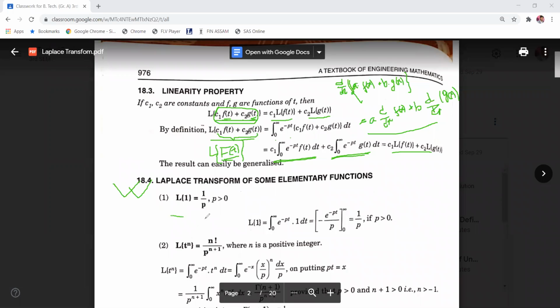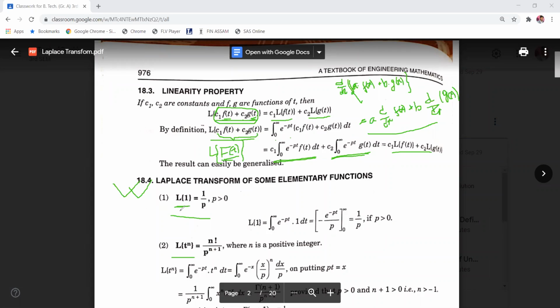What is the Laplace transform of 1? What is the Laplace transform of t to the power n? You need to memorize all this, because we need to use these while finding the Laplace transform of different functions.